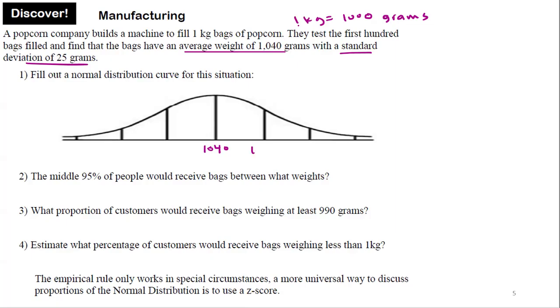We'll get 1,065, 1,090, and 1,115. And then to the left, we subtract 25 each time. So we have 1,015, 990, and I believe that's 965.